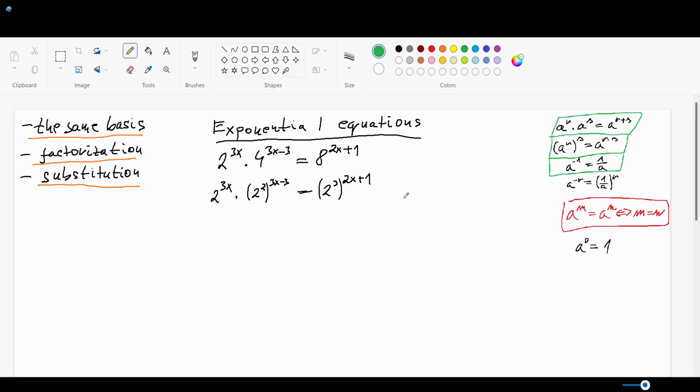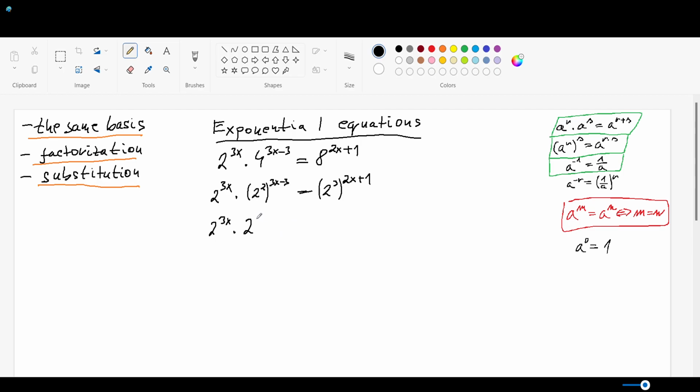Now we will apply this formula, which means our equation will become: 2 to the power of 3x times 2 to the power, and we multiply the first term of our outer exponent and the second term of our outer exponent by the number 2, so that we apply our formula.